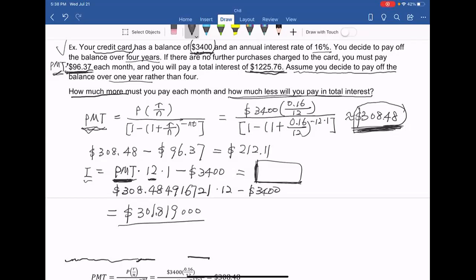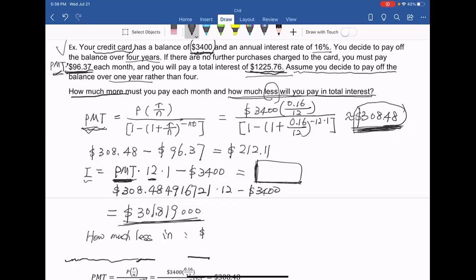So this amount. And then let's see the question. How much less will you pay the interest? So use this one, subtract this one. The difference between these two, which is how much more? Oh, sorry, how much less interest I can save?